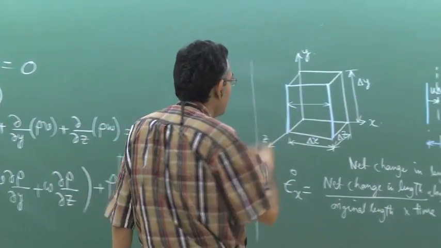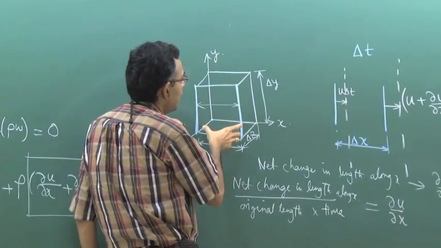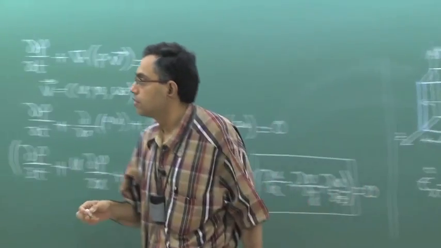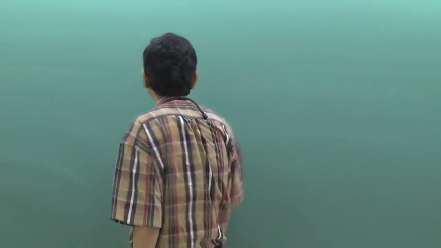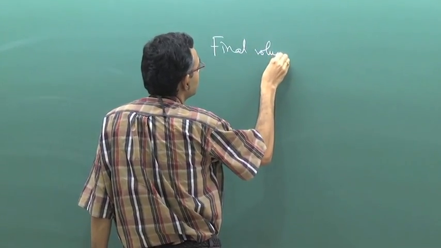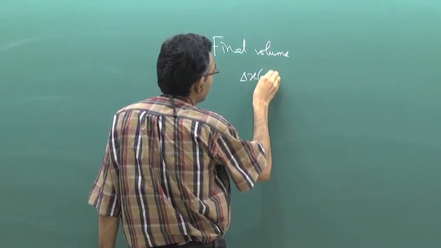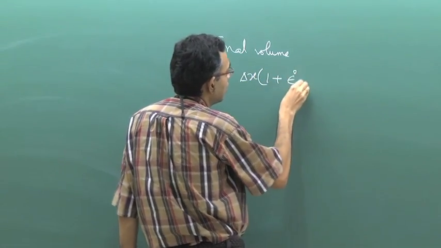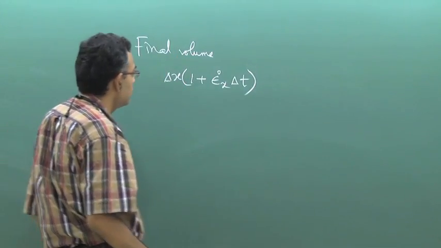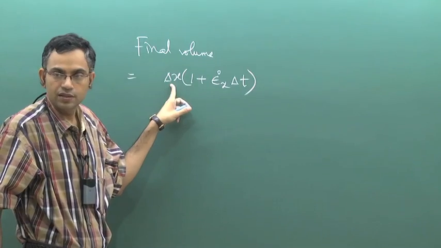Now, this is about the linear strain. What about the volumetric strain? There is a volume element here. What is the change in volume? So, let us write the final volume. This is the new delta x, right.